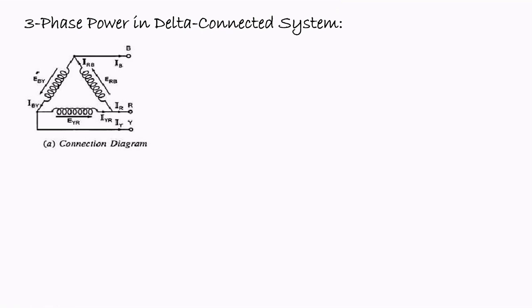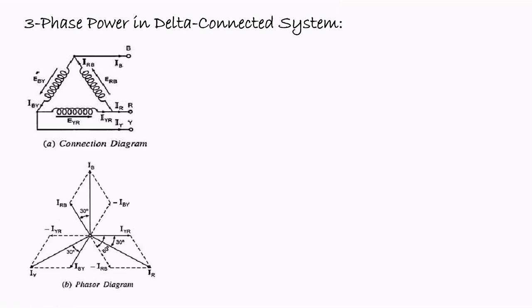Now discuss about the three phase power in delta connected system. So the circuit diagram and the phasor diagram is again shown here.